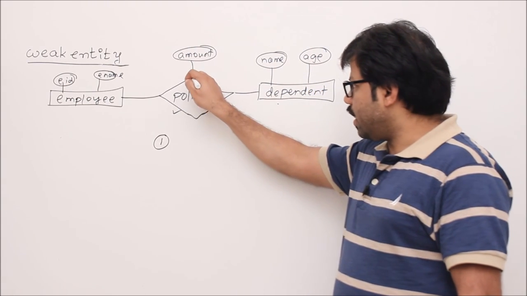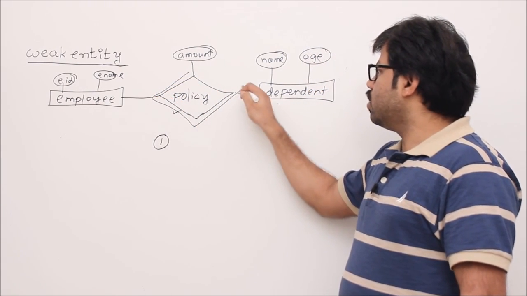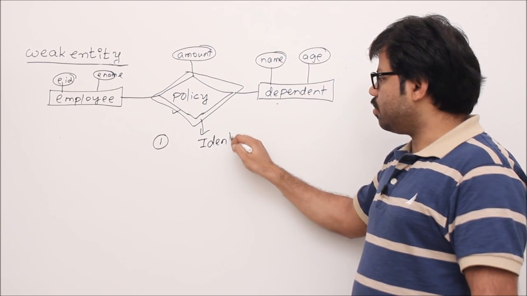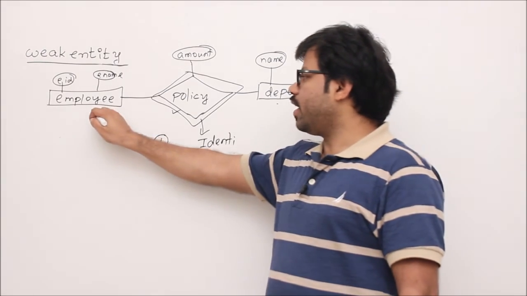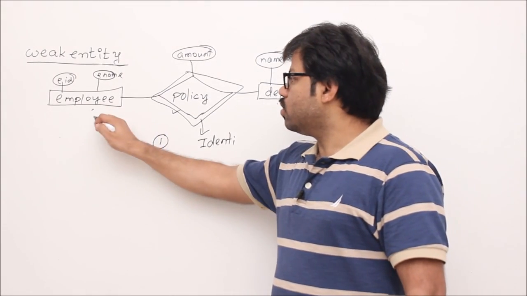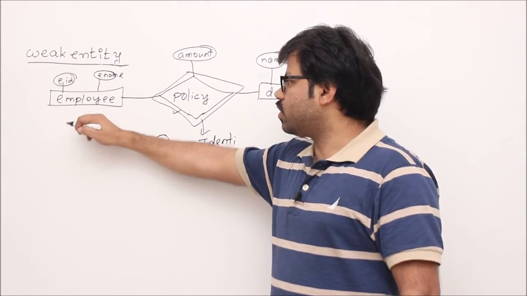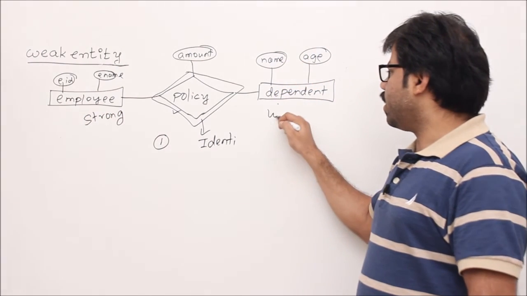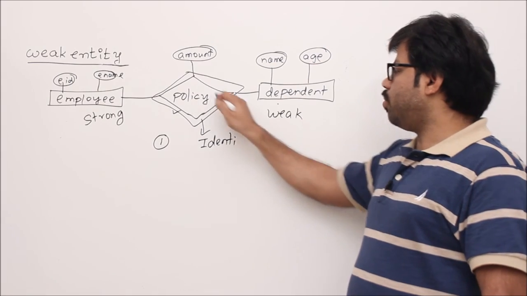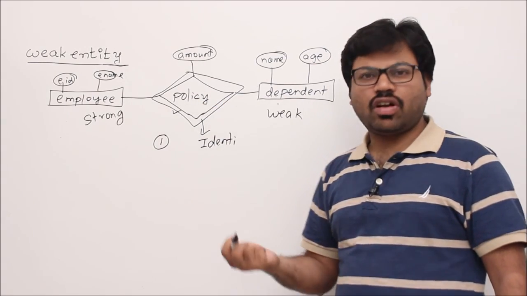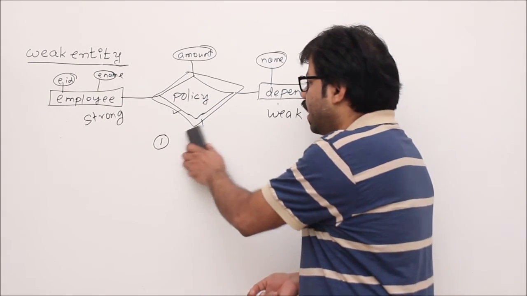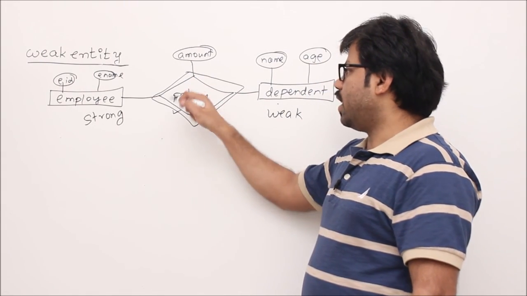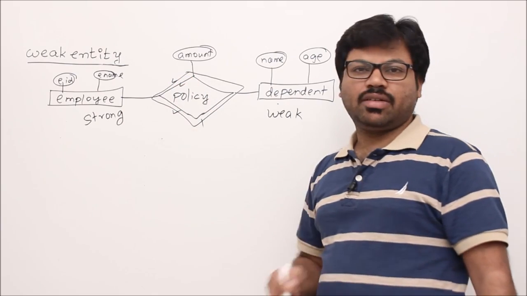This kind of relationship is called an identifying relationship. This is the identifying entity, otherwise called the super entity, otherwise the strong entity. This is the strong entity. This is the weak entity. And the participating relationship, or otherwise the strong relationship, is usually represented by two rhombuses; we have to draw the rhombus two times, that's it.